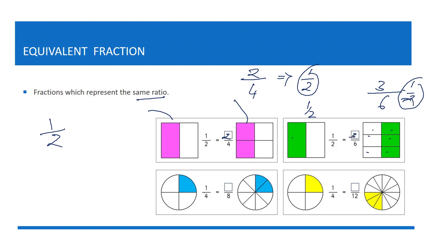Here 1 by 4, observe here, 1 part you have out of 4 equal parts. Here 2 by 8, 2 1s are 2, 2 4s are 8. Here 1 by 4, here 3 by 12. If you simplify, you are going to get the same ratio, that is called an equivalent fraction.